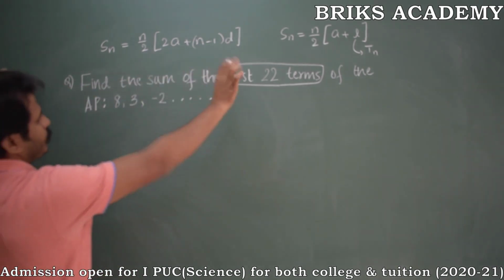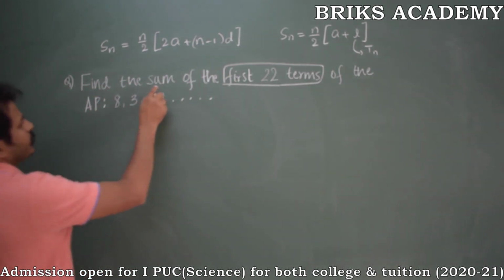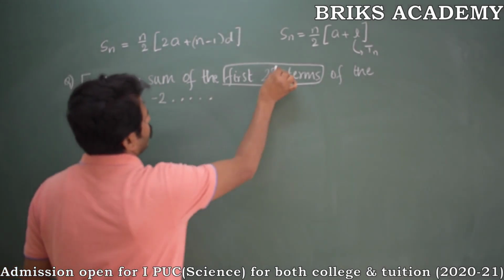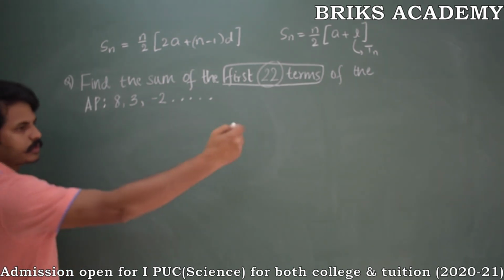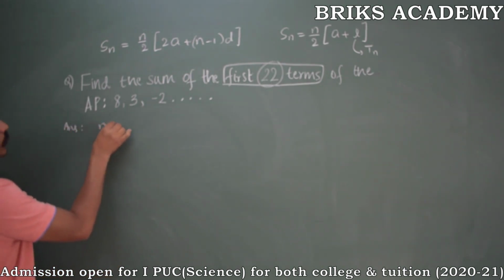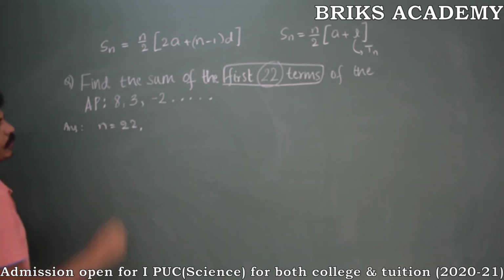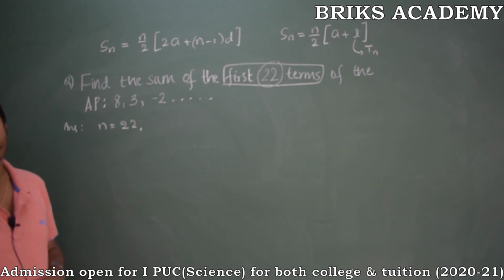Read the question carefully and write the data whatever they have given. Find the sum of first 22 terms. So what does 22 mean? First 22 terms means n equal to 22. Number of terms are 22. So n equal to 22.